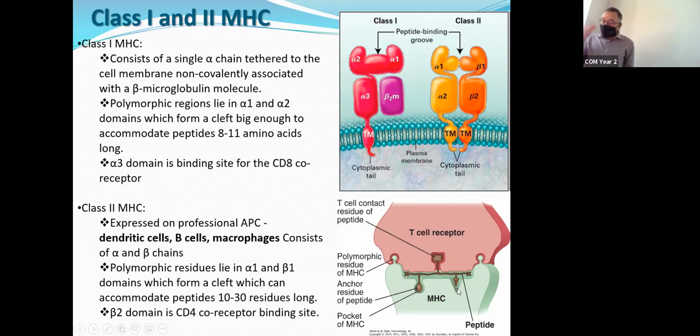So this is where these MHC molecules can only accommodate a particular hot dog sausage having the appropriate amino acid sequence. All right.